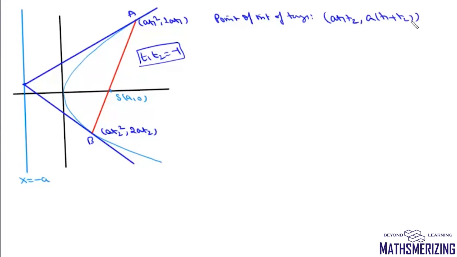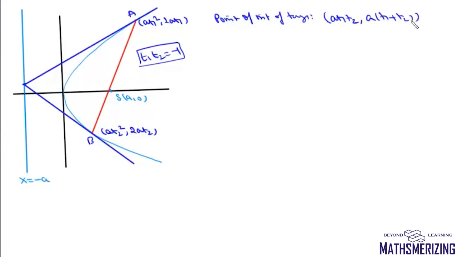So we need to find the locus of any point P from which a pair of perpendicular tangents can be drawn to this parabola, which is y² = 4ax. Now we know that equation of tangent to parabola is y = mx + a/m.